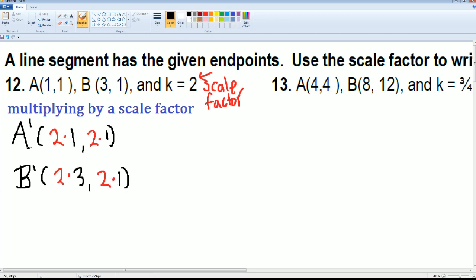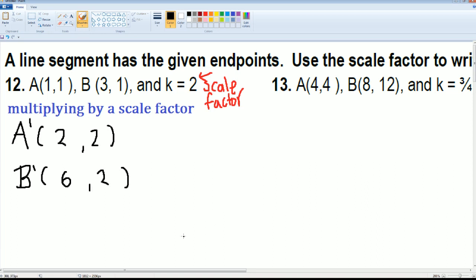There you go. What does this become? Let's do it. What is 2 times 1? That becomes 2. Okay. What is 2 times 1? 2. What is 2 times 3? 6. What is 2 times 1? 2.